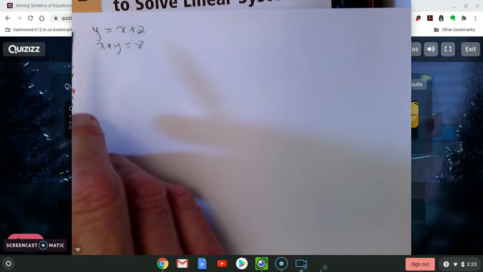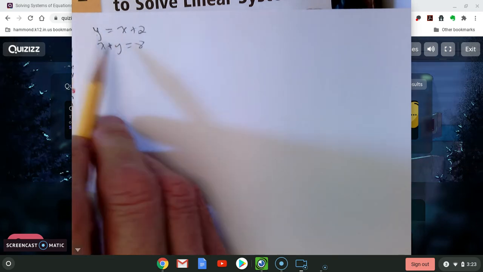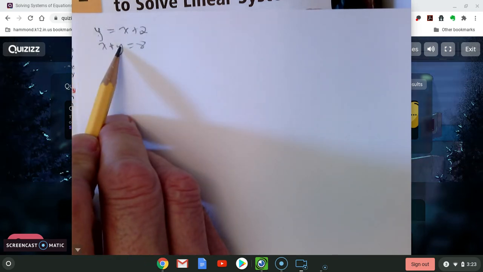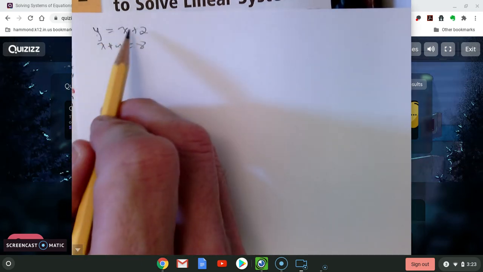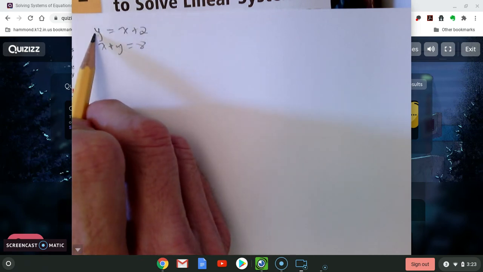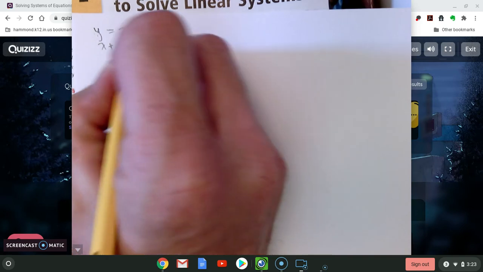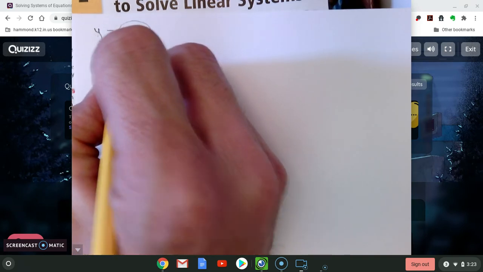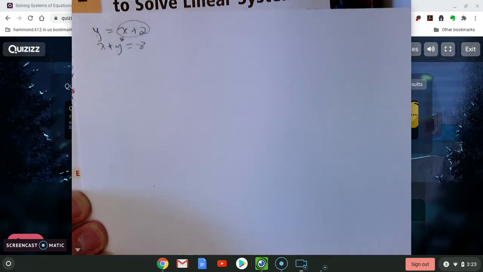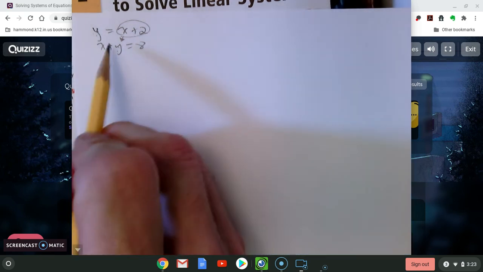The other thing we know is we're dealing with a system of equations. So these two y's are going to have the same value. So this is equal to this, and this is equal to this. What that tells me is this expression, x plus 2, I can substitute it into this other equation in place of the y.